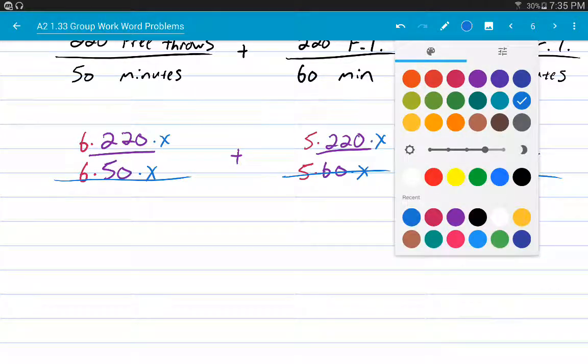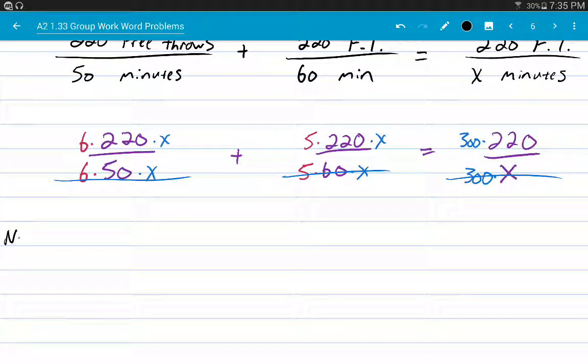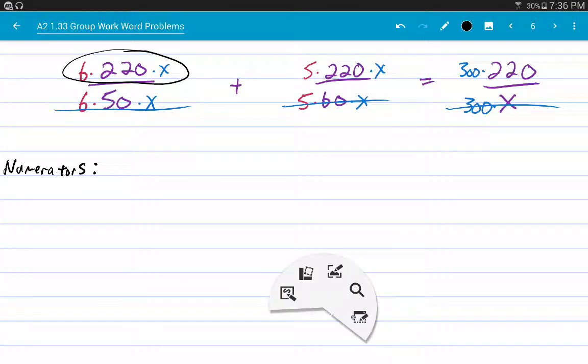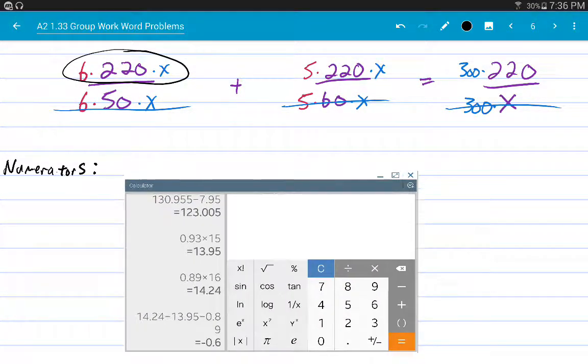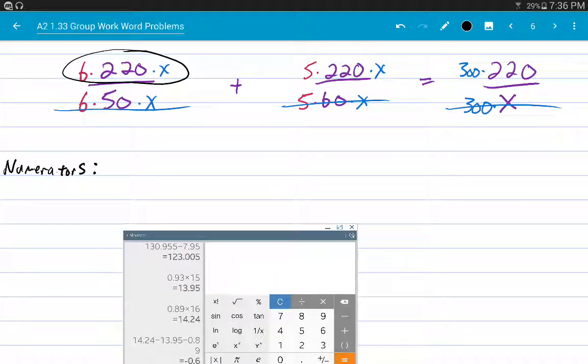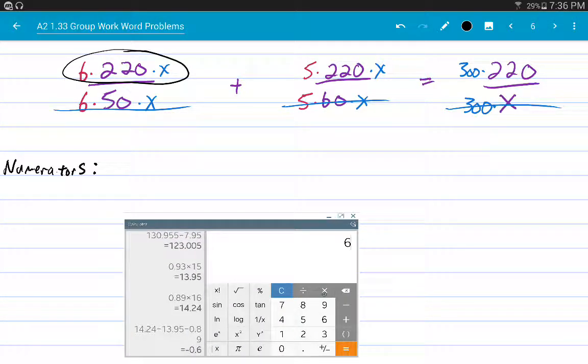My new equation is just the numerators. So let's see, 6 times 220x. I might want a little on-screen calculator for this. Let me pop that up. So 6 times 220 is 1320.